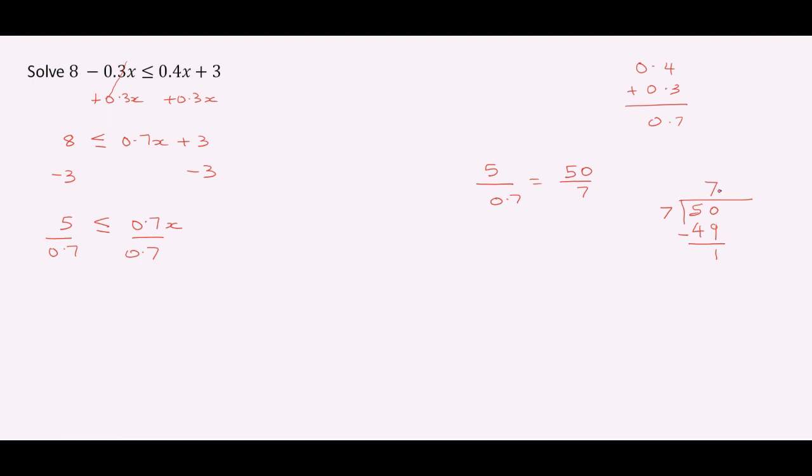So we put a decimal here and bring down a 0. 1 times 7 is 7. Subtract, we have 3, 30 divided by 7, we have 4. 4 times 7 is 28. Minus, we have 2, 20, and that is 2. 2 times 7 is 14. And then we're left with 6. Let's just stop here.